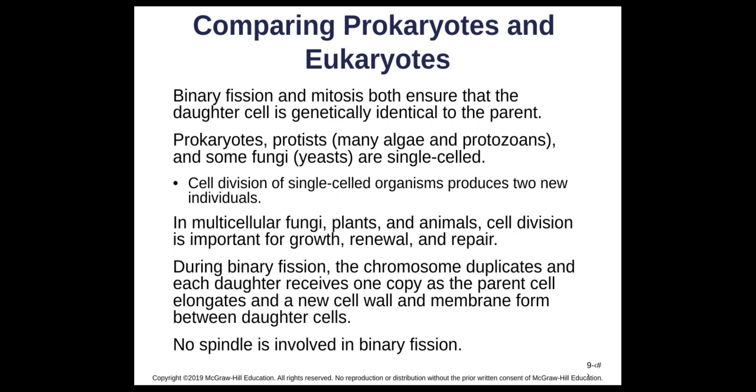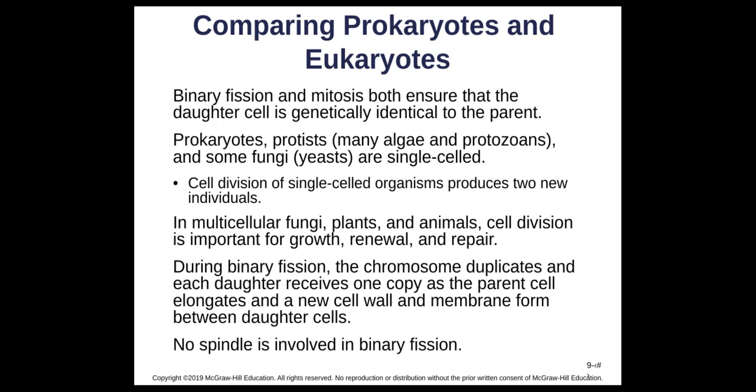If we look at prokaryotes, some protists like algae and protozoans, and then fungus that are single-celled, cell division in a single-celled organism makes two new individuals. So we say that that's asexual reproduction. In multicellular fungus, plants, and animals, cell division doesn't make a whole new creature, but it is important for growth and repair and renewal.